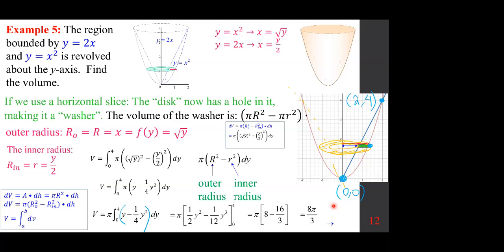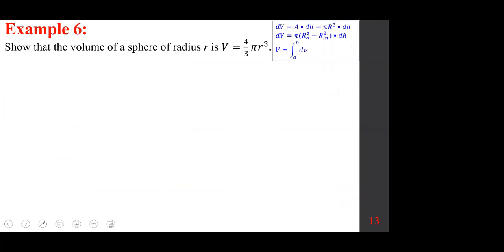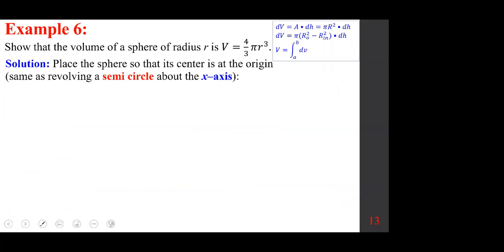Here's an interesting example. We want to prove the volume of a sphere when the radius is r is what we have seen, 4/3 pi r cubed. We want to prove that. So we're going to come up with a circle, place the sphere so that its center is at the origin, same as revolving a semicircle about the x-axis.